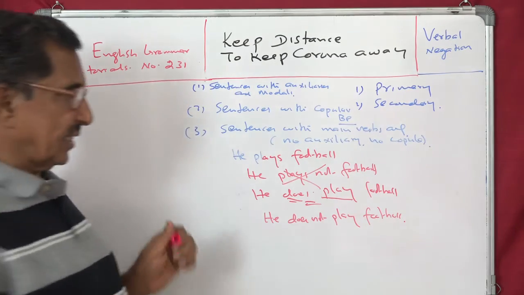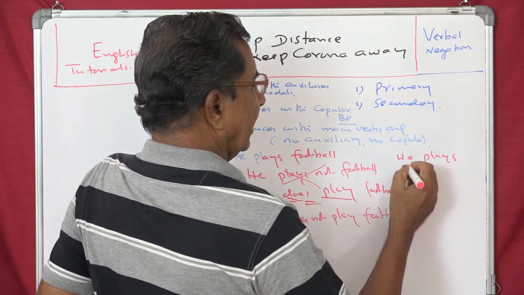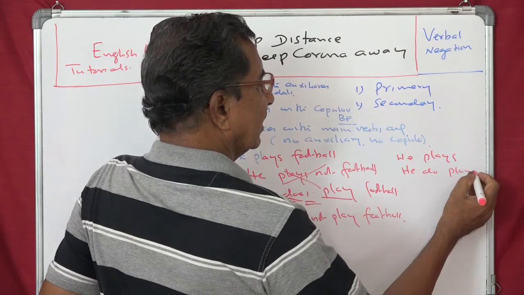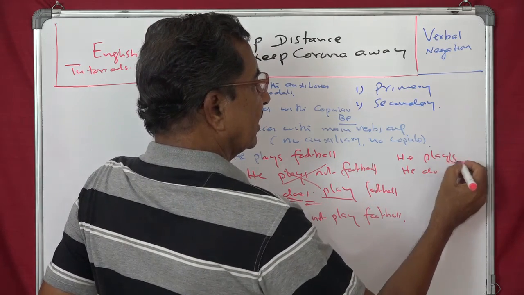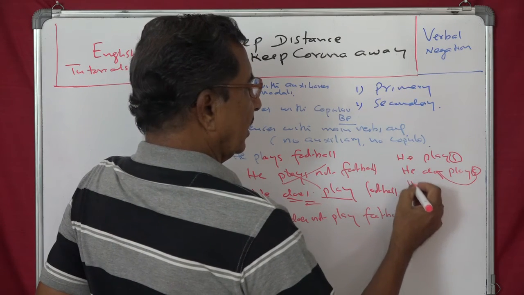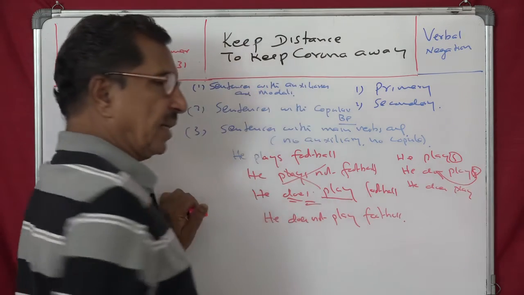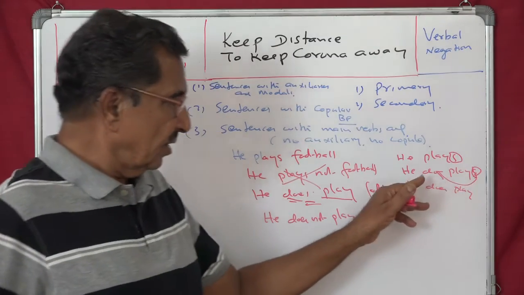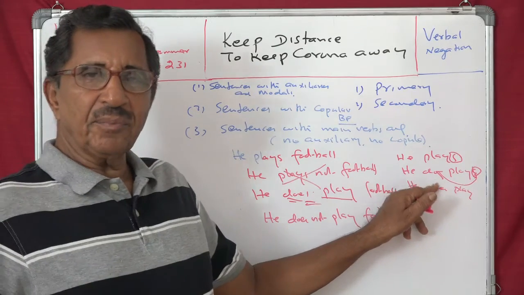But I will once again illustrate. He plays becomes he do play. Then you have the S here; this S is taken and added to do, and it becomes he does. He does play. S is the tense marker. It is not on the verb now; you are back-shifting it, taking that S and adding it to do, and then it becomes does.